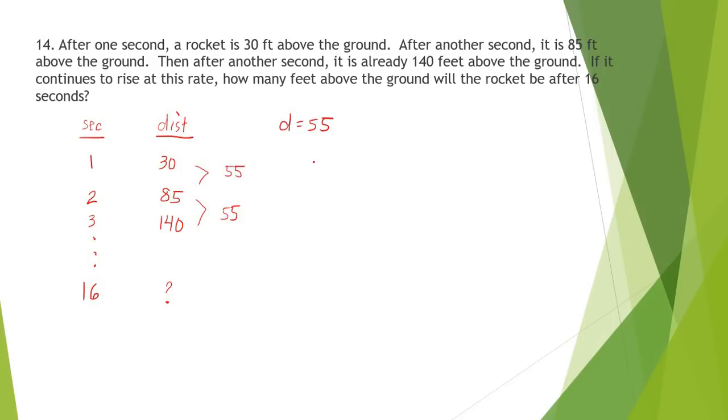Since we are required to determine our 16th term, this is simply equal to A1 plus 16 minus 1 times D. We already have our D, and our A1 is 30. Our A16 is equal to 30 plus 15 times 55.